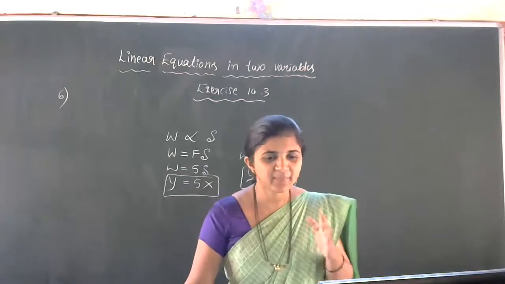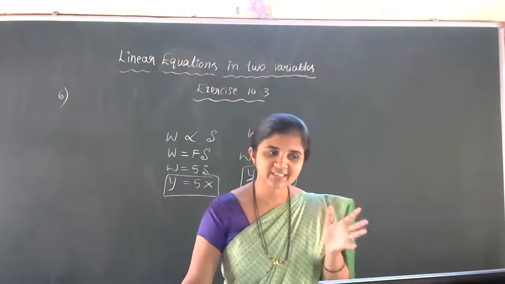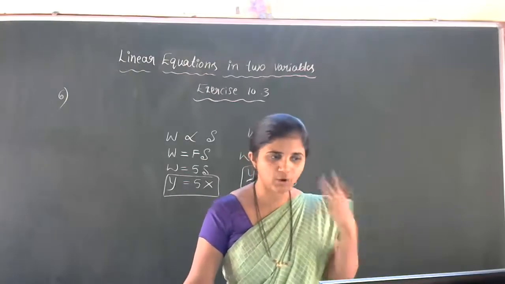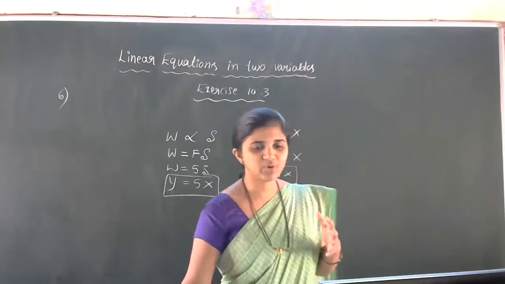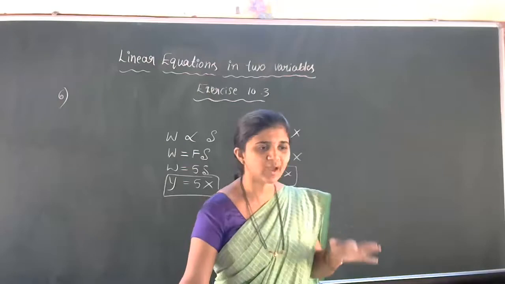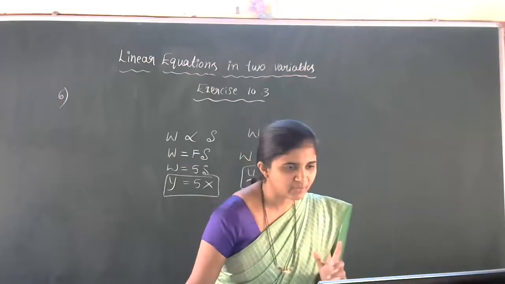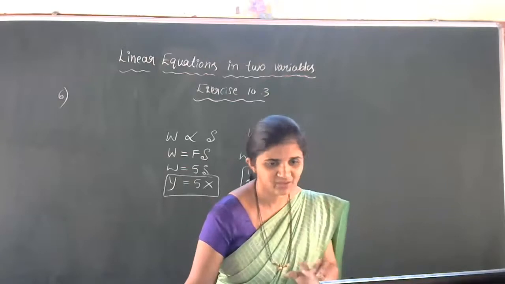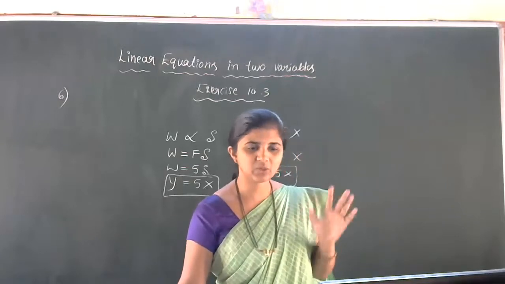Because we are using x and y variables in all the problems, that's why you have to change W to y, that's it. Remaining all correct only. You have got the right answer. Yes, W is equal to y we have to take.